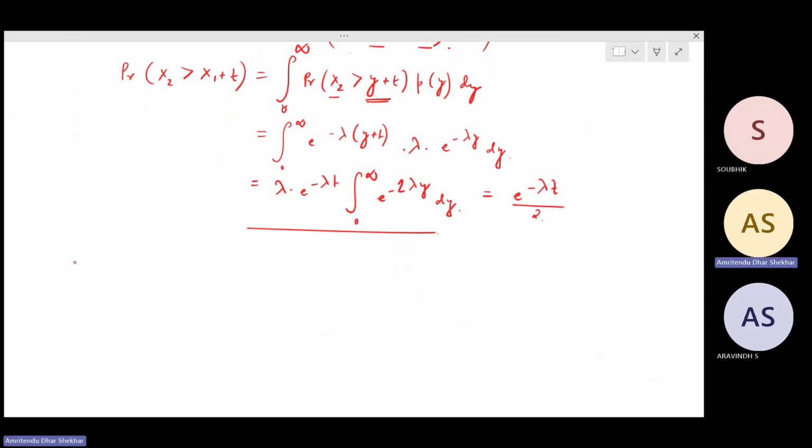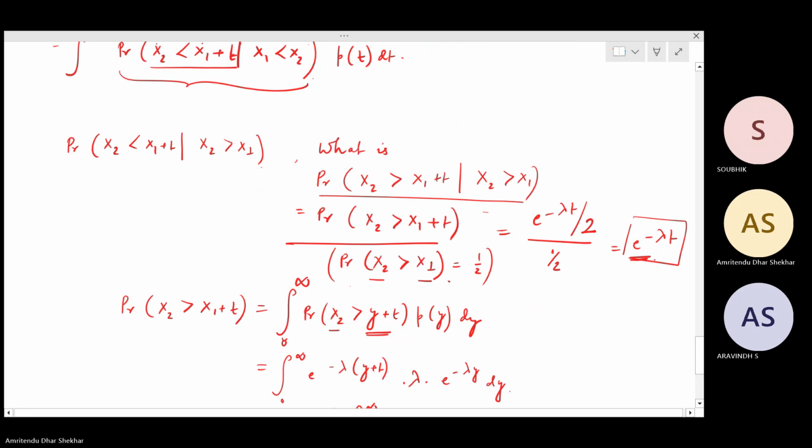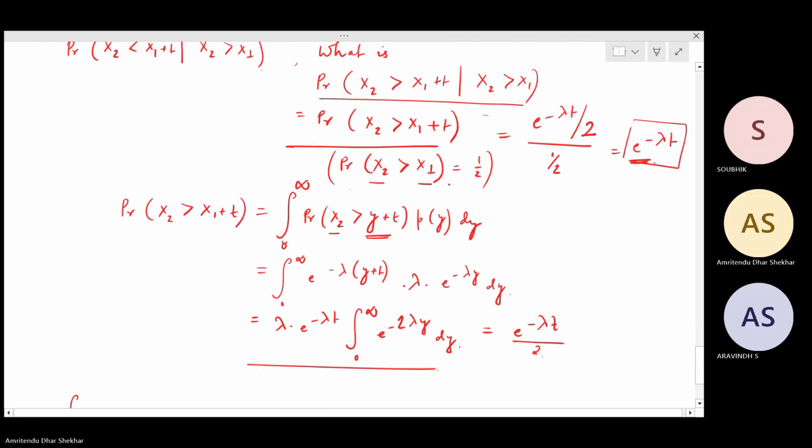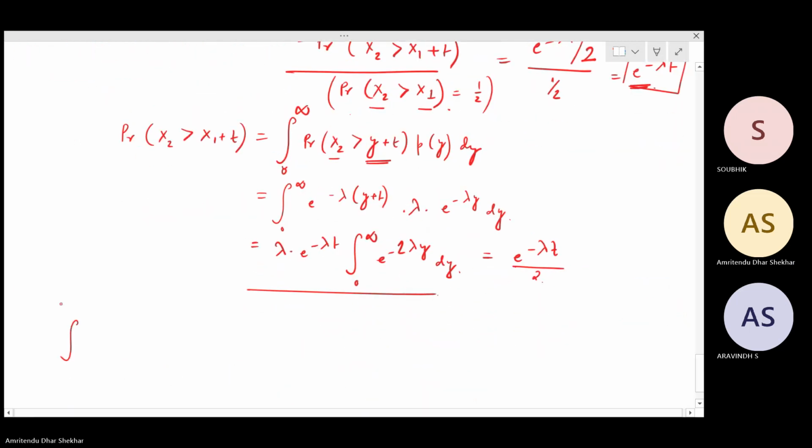So this is equal to integral. Let me just put a comma. Right.